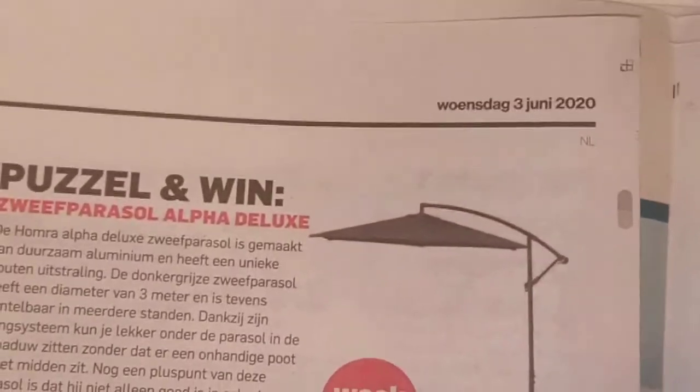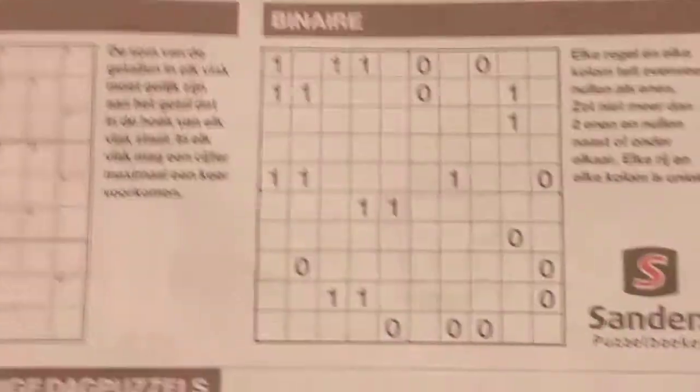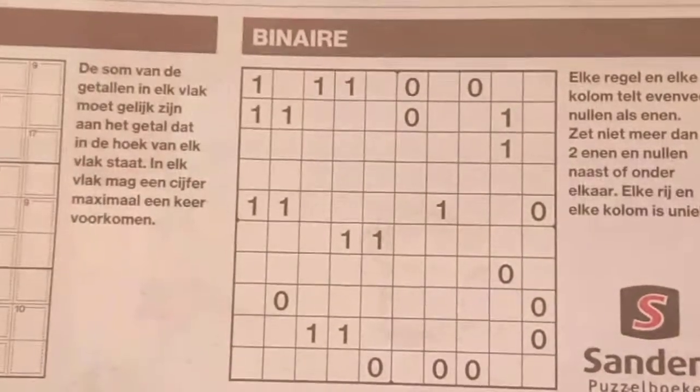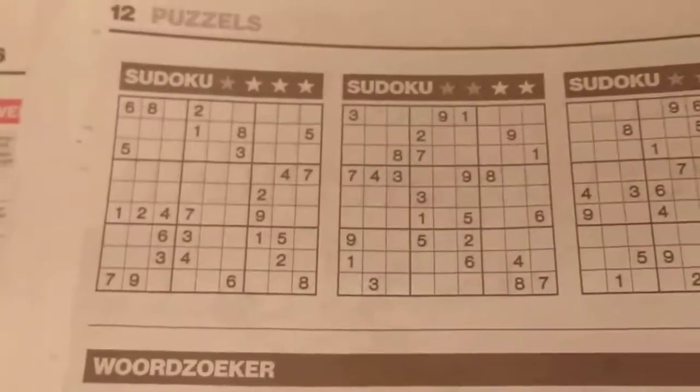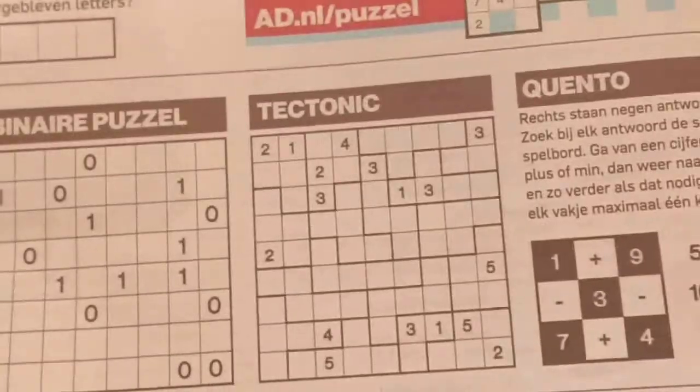In the daily newspaper on May the 3rd 2020, we have three regular Sudokus: a binary Sudoku, a medium Sudoku, and a killer Sudoku. Don't forget, we also have in this newspaper six Sudokus with 1 star, 2 stars, 3 stars, 4 stars, and a binary and a tectonic in the additional of this newspaper.